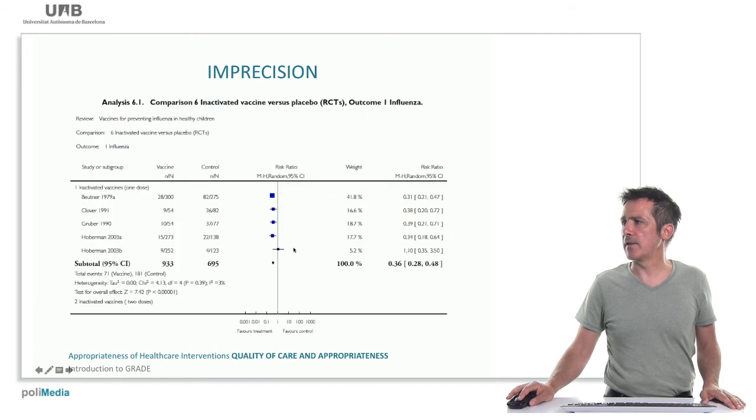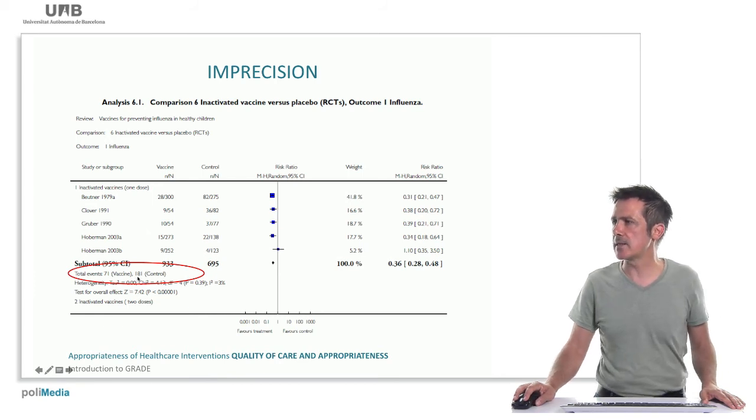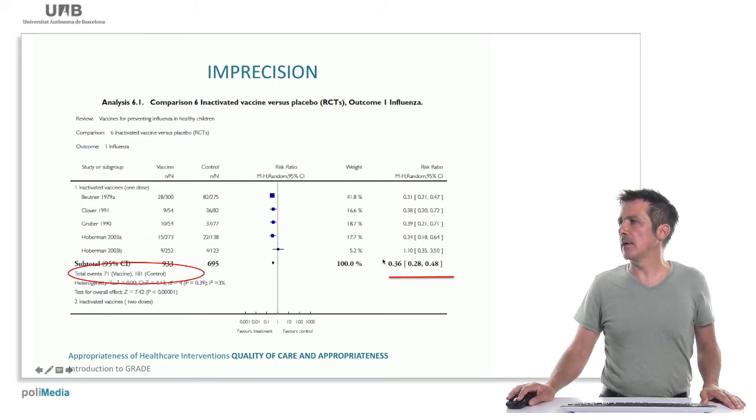However, look at this other meta-analysis, with many more events. In this case, we already have 250 events and a much narrower confidence interval, going from a large reduction of 0.28 to still a considerable reduction of 0.48.